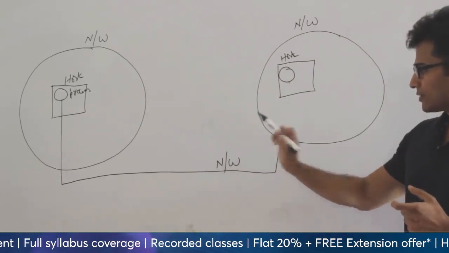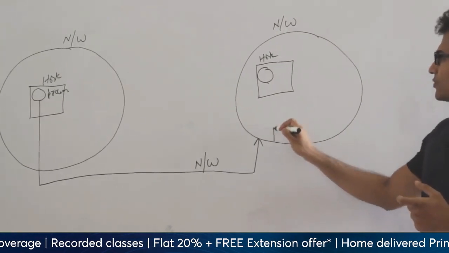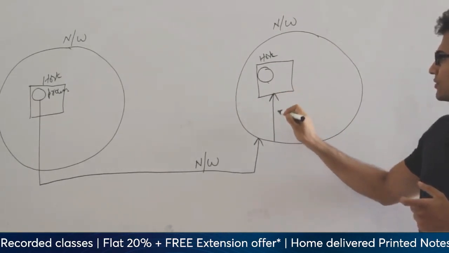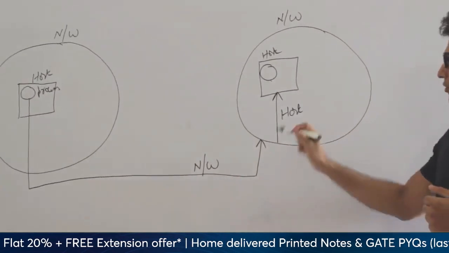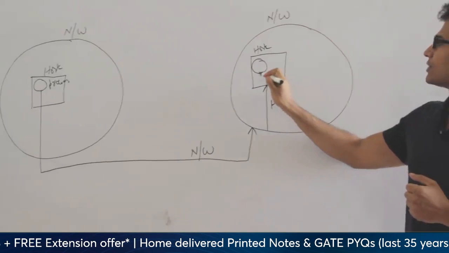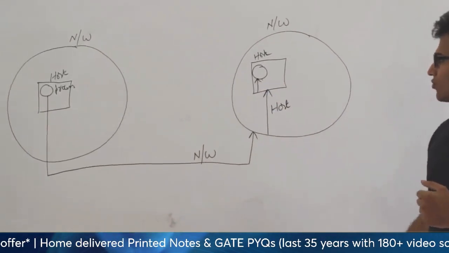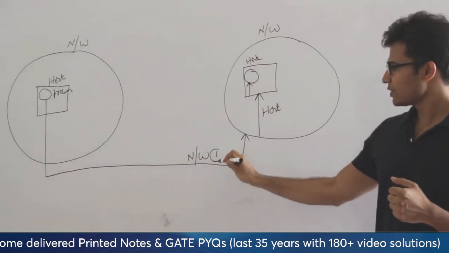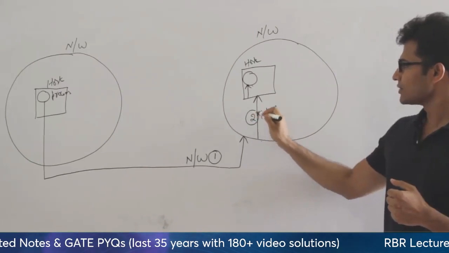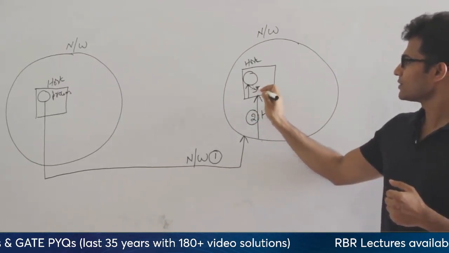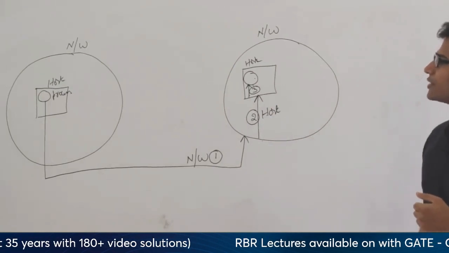And after reaching the destination network your request has to reach the destination host within the network, and after reaching the destination host it has to reach the destination process, right? Therefore step 1 is your request has to reach the destination network, step 2 is your request has to reach the destination host, and step 3 is your request has to reach the destination process. There are 3 steps involved here, right?